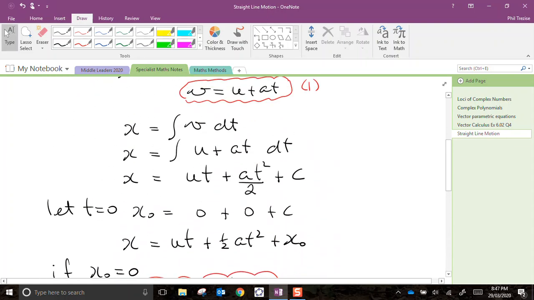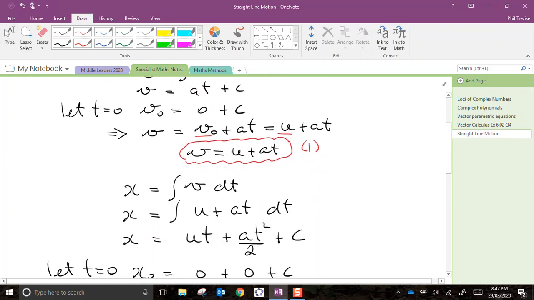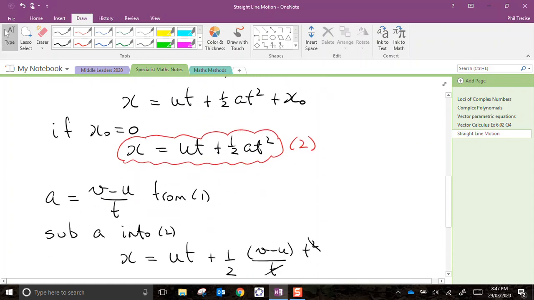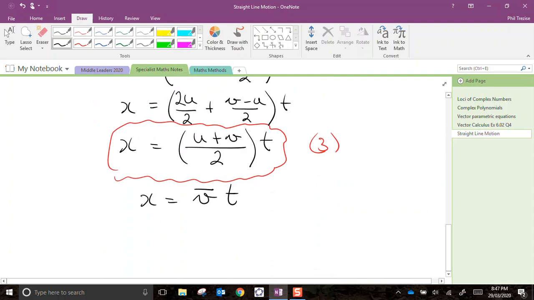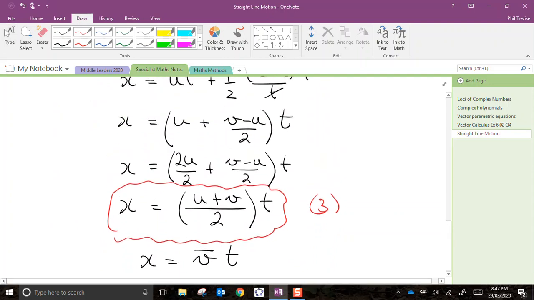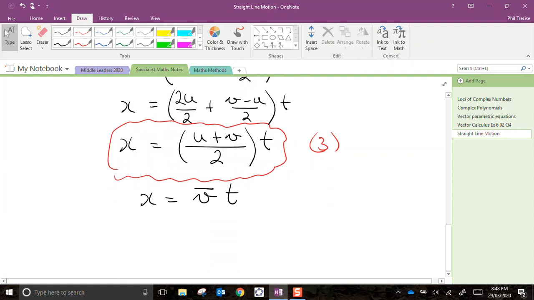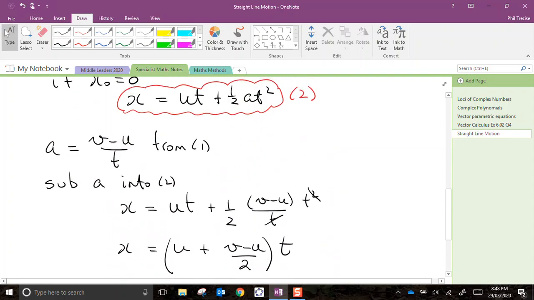So just as a recap now, we've got v, we've got a formula for x for the position, and we've got an alternative formula for the position that doesn't need us to know the acceleration. That's handy. Now, the last thing I want to do is take this final equation, x equals u plus v over 2 times t, but I want to come at t from another direction.